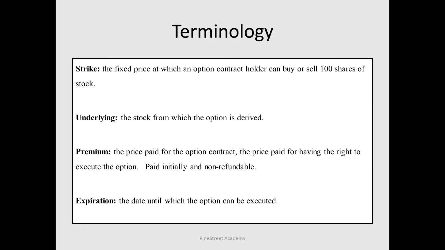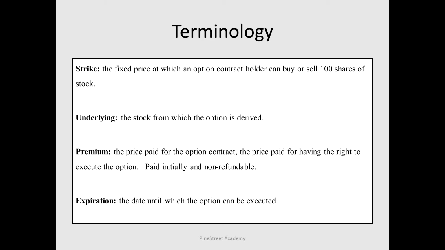Terminology. There are four important things you need to know about option contracts, all of which are listed or written on the contract. The strike price is the fixed price at which an option contract holder can buy or sell 100 shares of stock. The underlying is the stock from which the option is derived. So if you have an option on Apple, the underlying is obviously Apple.